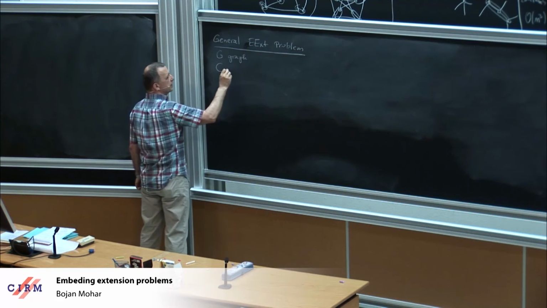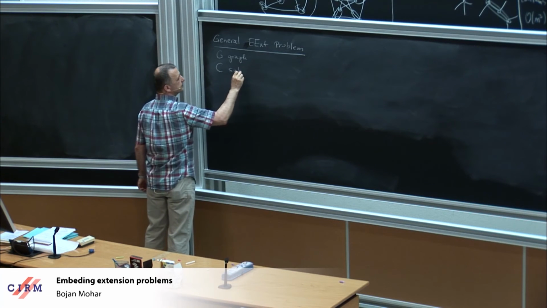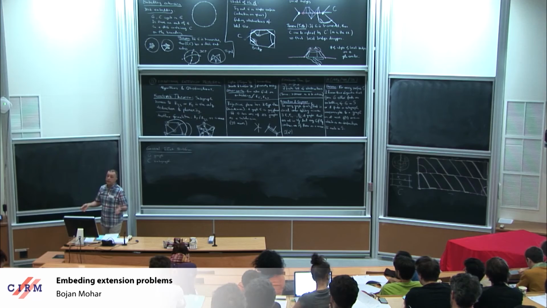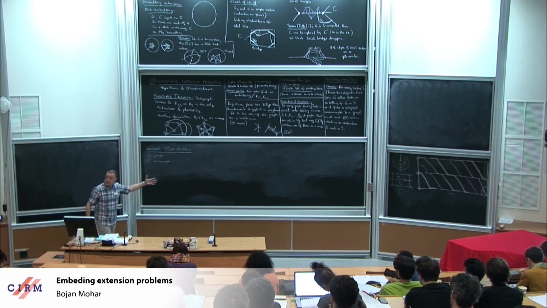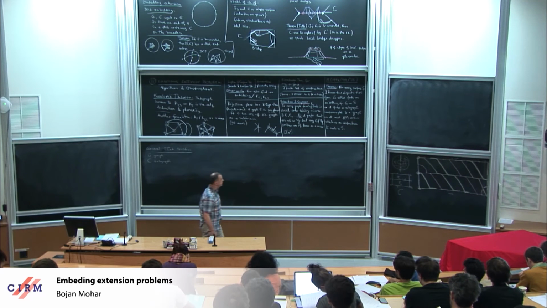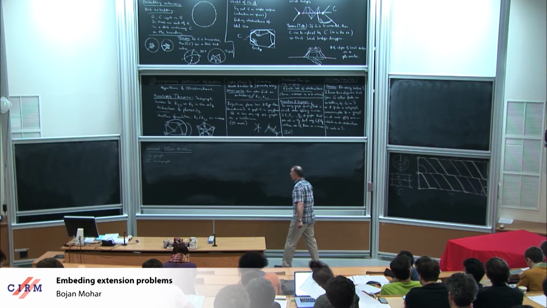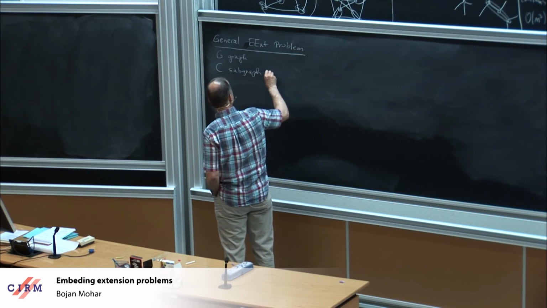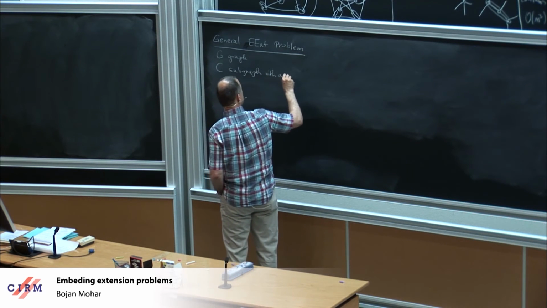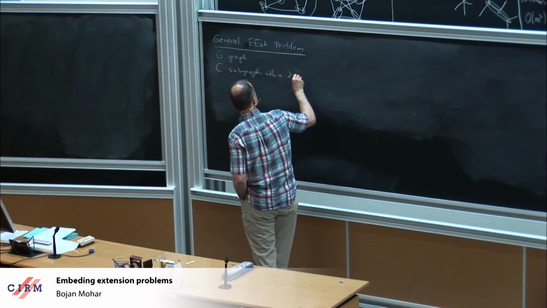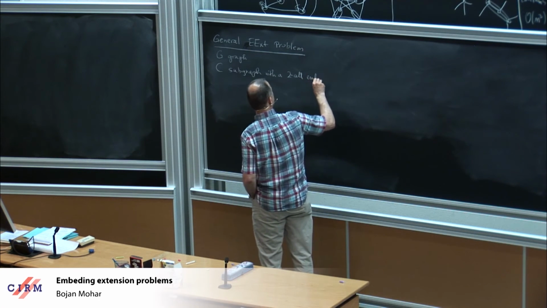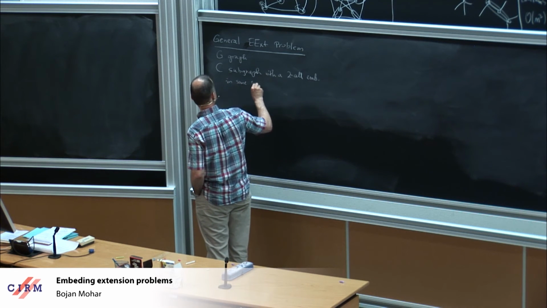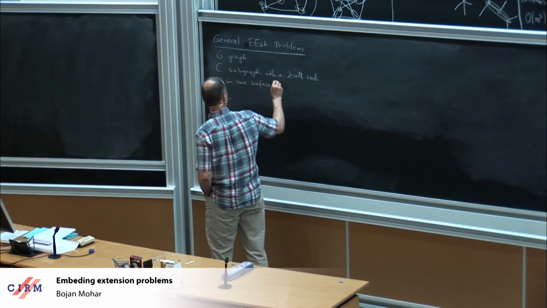And I have a C, which is a subgraph, a small subgraph, maybe one of the obstructions for embedding into smaller surfaces. This subgraph comes together with a two-cell embedding in some surface S.